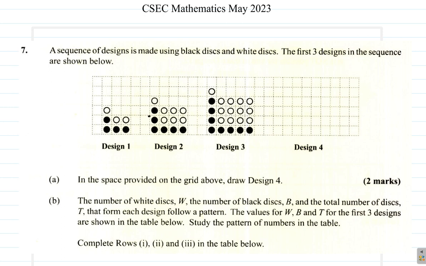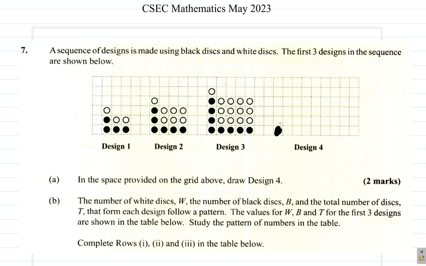In design 2, you have the same thing, but one at top and one to the right. For design 3, you have the same thing, but 2 on top, 2 to the right. So, for design 4, let us see.